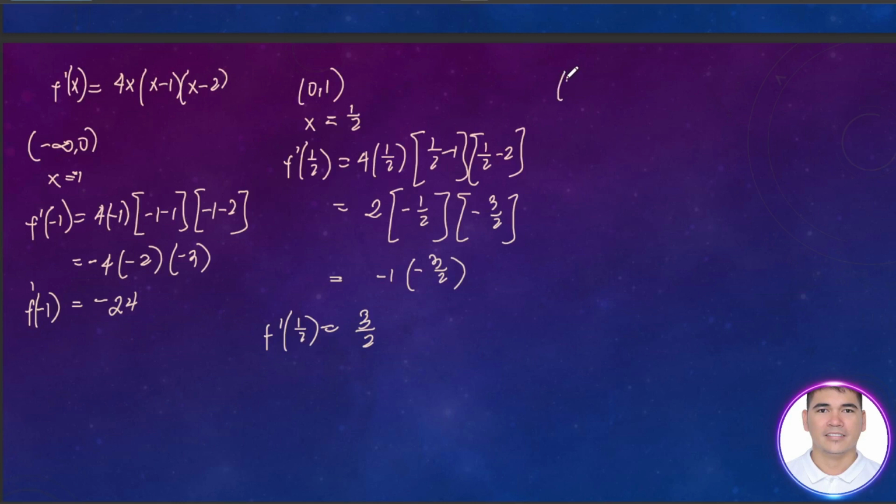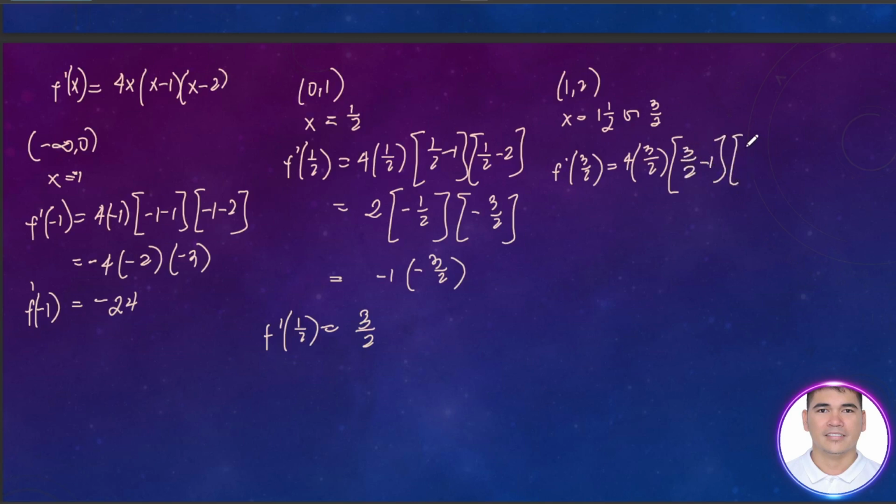Next we have 1 and 2. Our x is 1 and 1/2 or 3/2. And then 3/2 minus 1, then 3/2 minus 2.